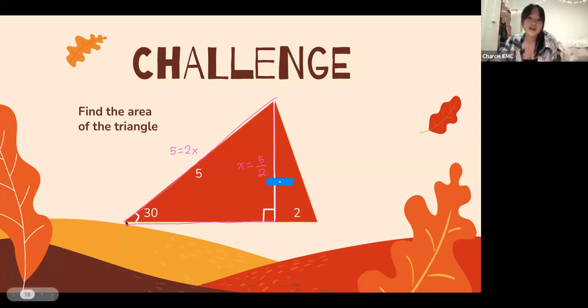Now, we know that the base of this right triangle would be x root 3. So to get the base, you'd have to multiply 5/2 times root 3. And then if you simplify, you would get 2.5 times root 3.